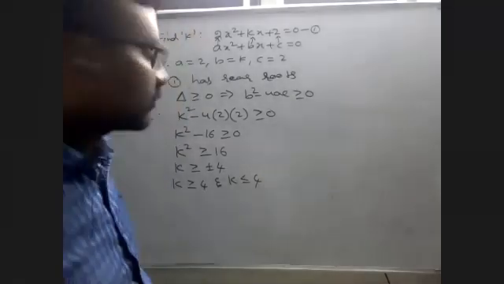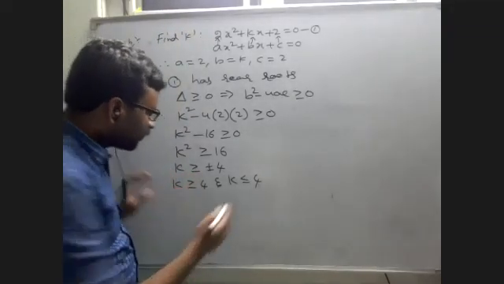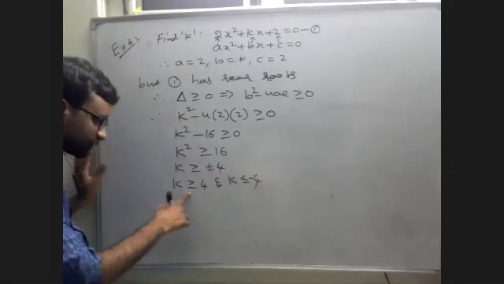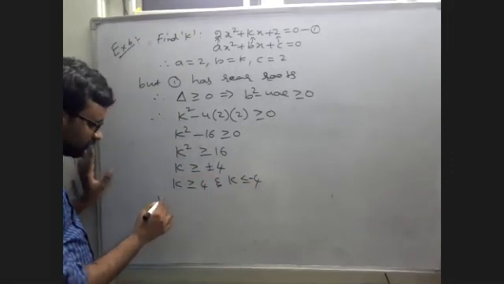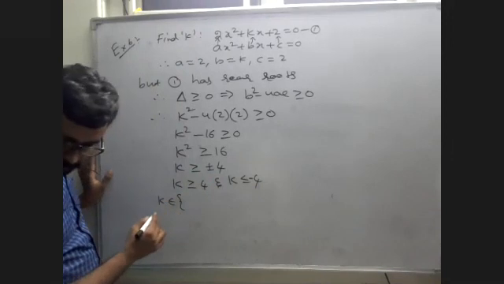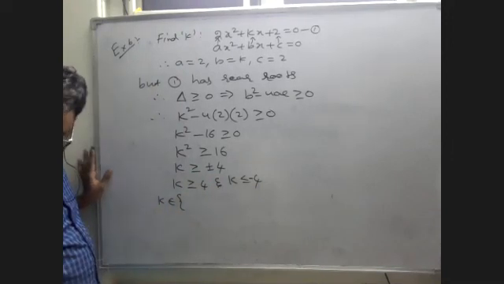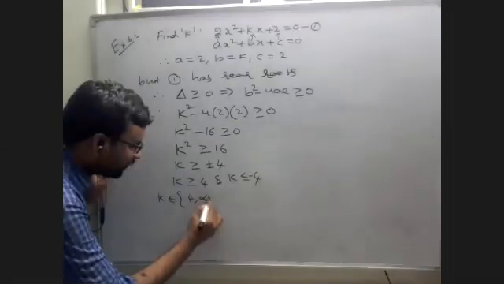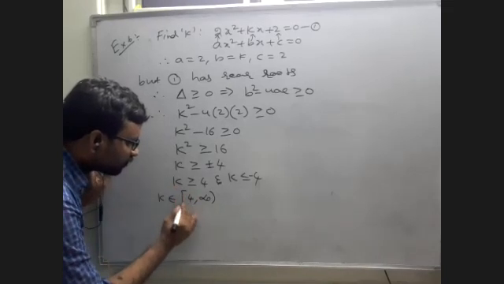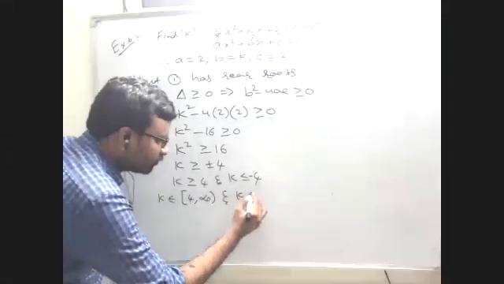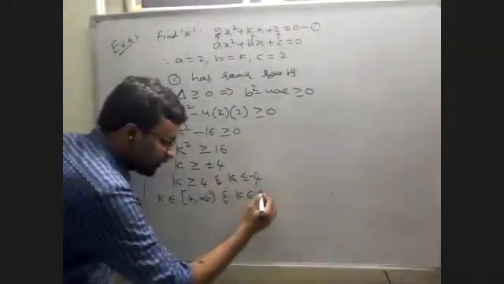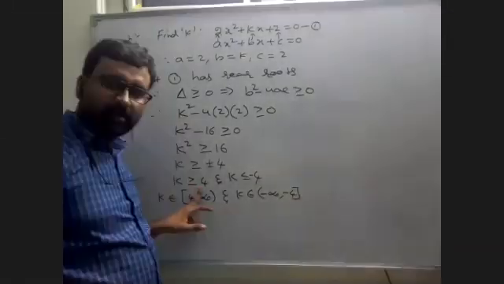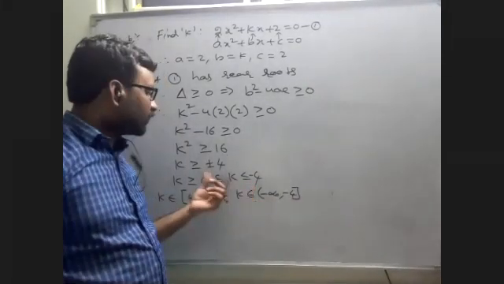Okay, yes, k greater than or equal to 4 and k less than or equal to minus 4. Minus 4 is there. Now k greater than or equal to 4 means k belongs to 4 to infinity, infinity open, 4 closed, and k belongs to minus infinity to minus 4, minus infinity open, minus 4 closed. 4 is there, minus 4 is there, and the values in between are not there.